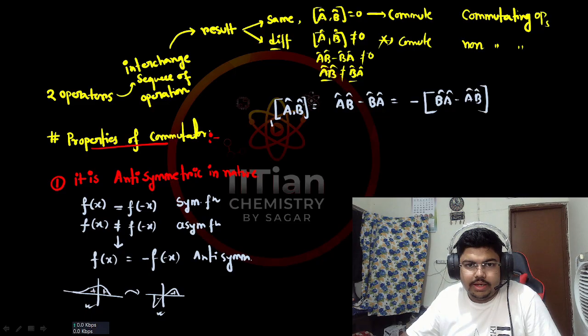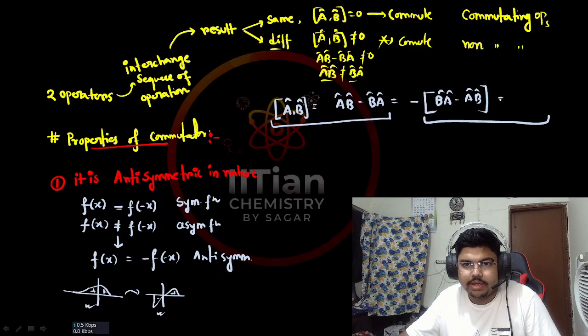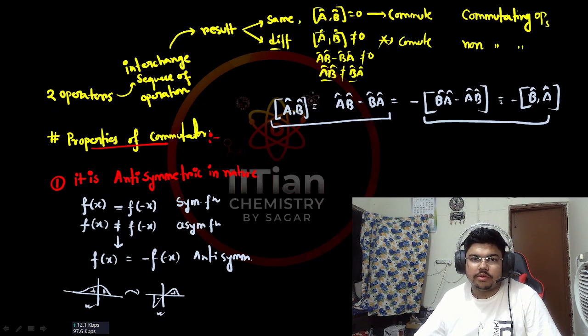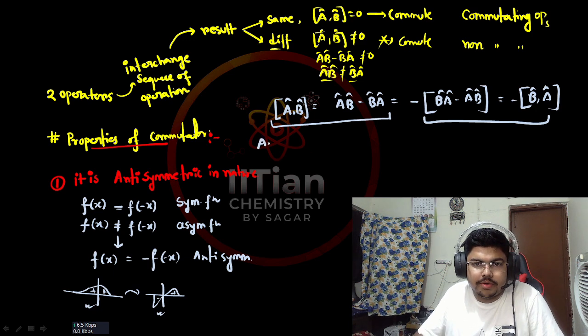The same way, we can write BA minus AB as the commutator of B comma A, right? And minus is there. So commutator AB is equal to minus of commutator BA.